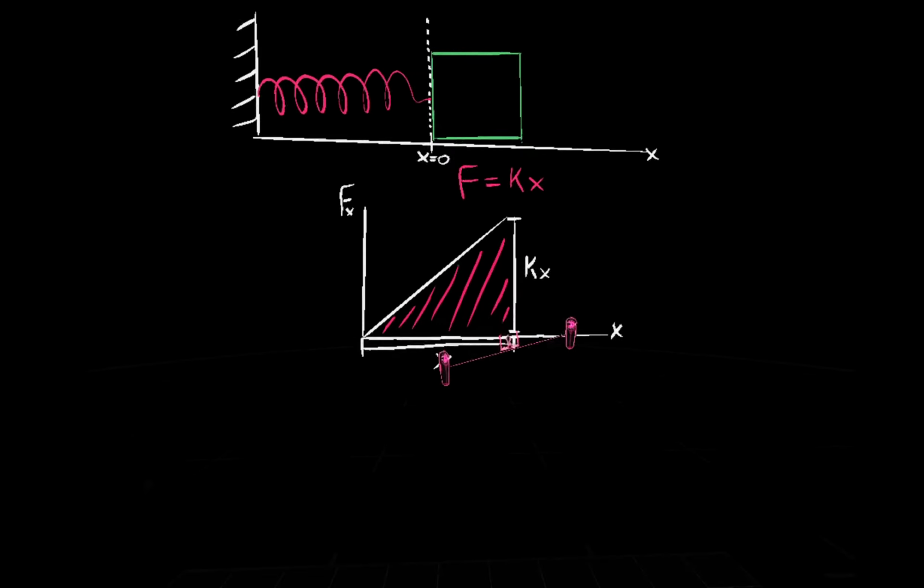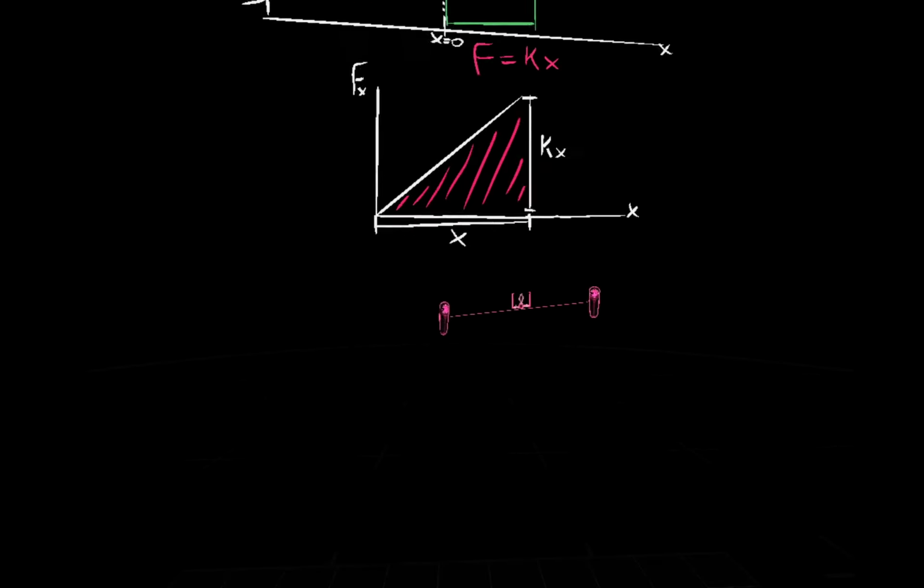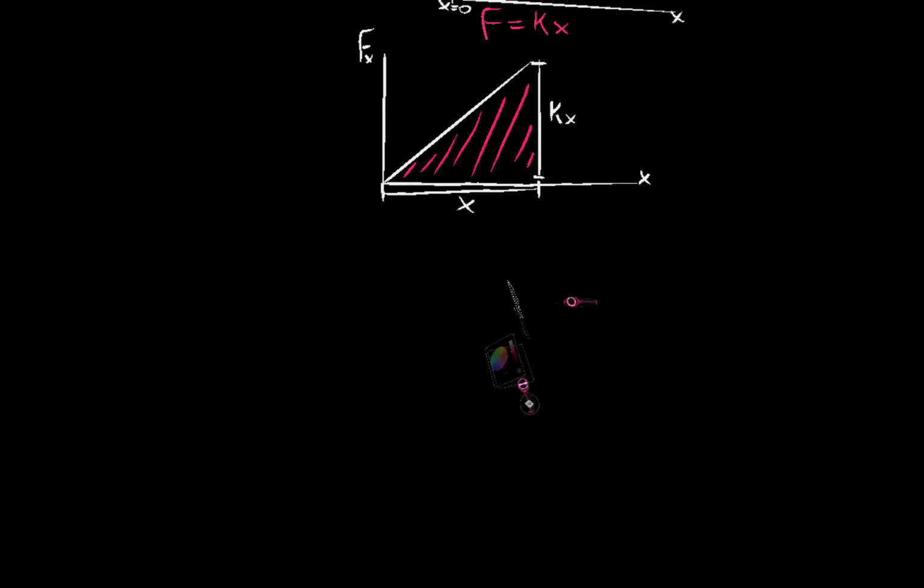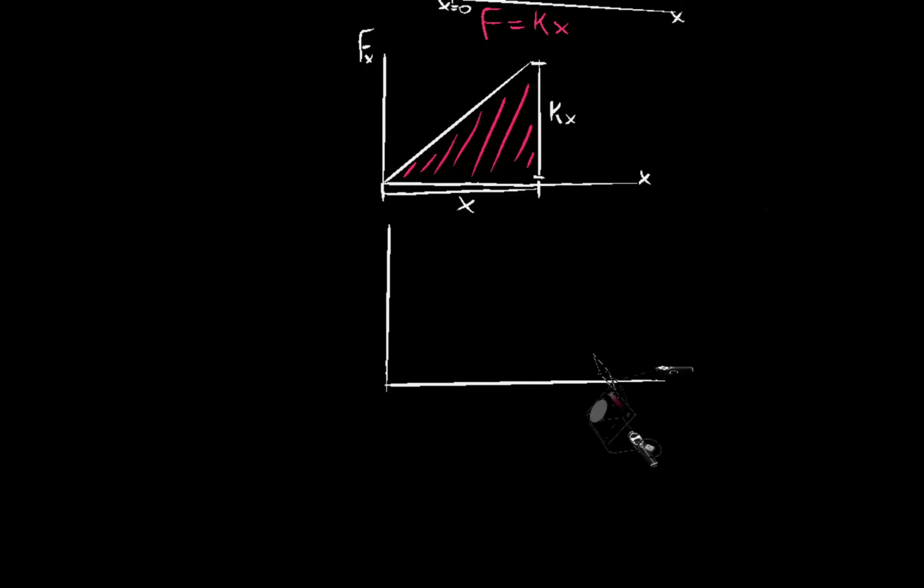So if we modify this a little bit more specifically, if we have this same plot of the force with respect to x on the y-axis, x on the x-axis, just the same.